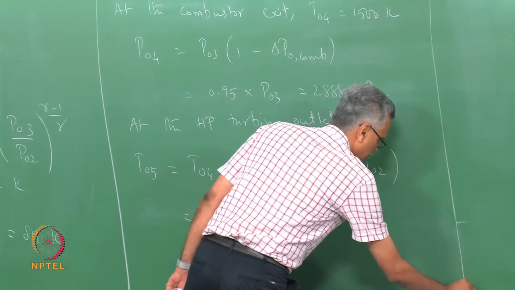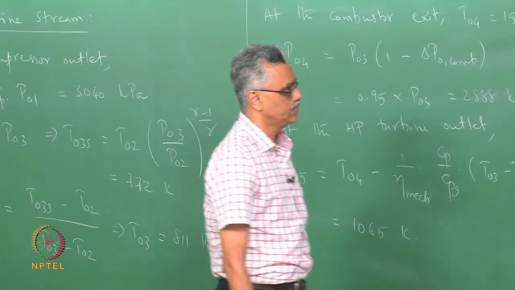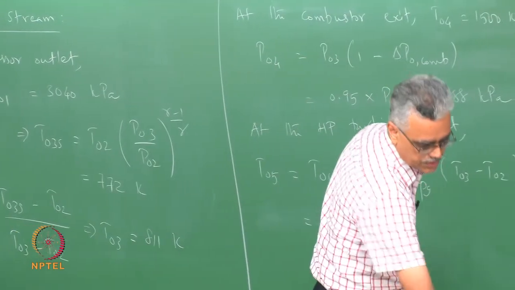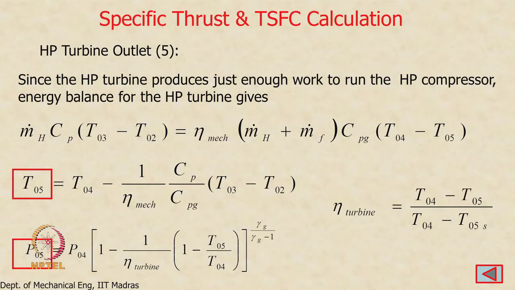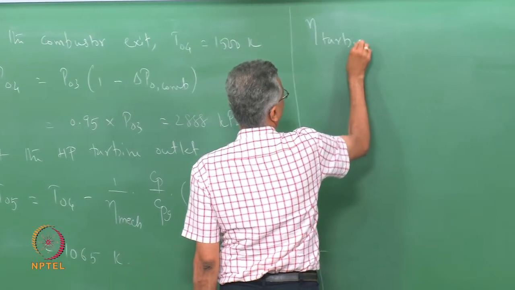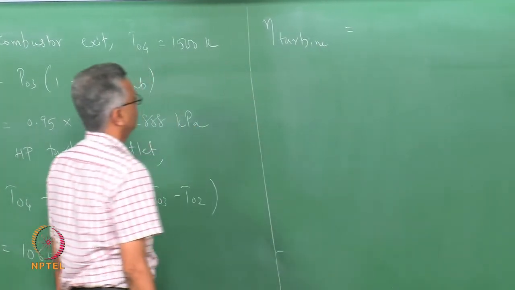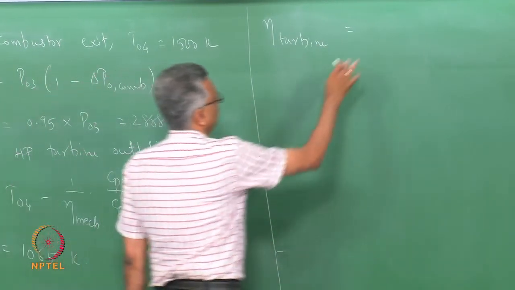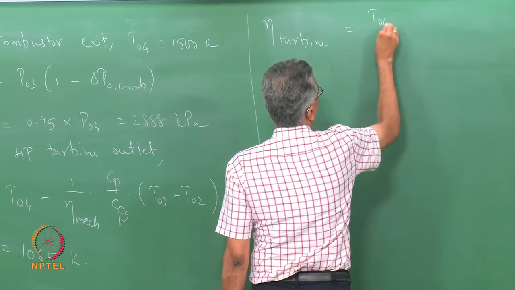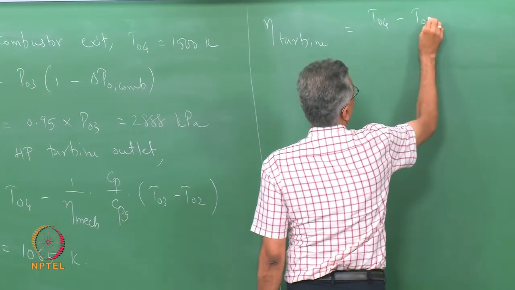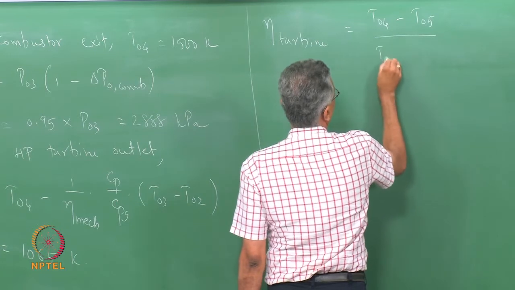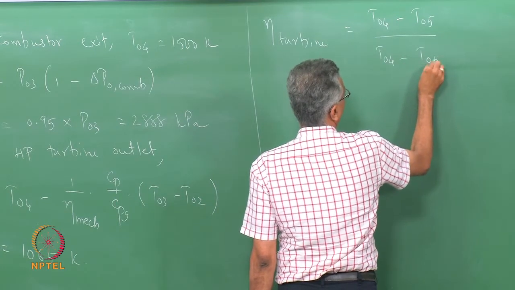Once I have T05, I can use the definition of the efficiency of the turbine. The efficiency of the turbine is defined like this: eta turbine is equal to T04 minus T05 divided by T04 minus T05s.